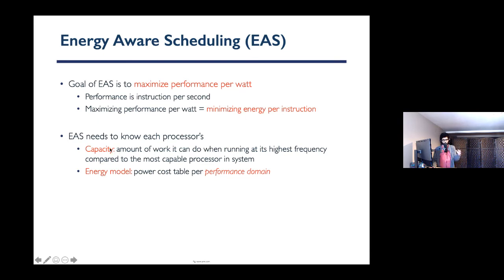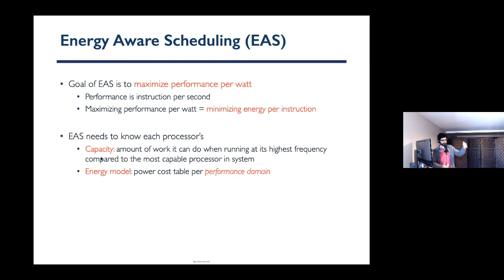Some of the things you need to care about are the capacity of each CPU: how capable they are, and what's the relative capability of your high performance CPU to your low power CPU. Usually it's captured by the frequency, usually, not always, because there could be other factors. You could have multiple lanes, for instance, in a superscalar.